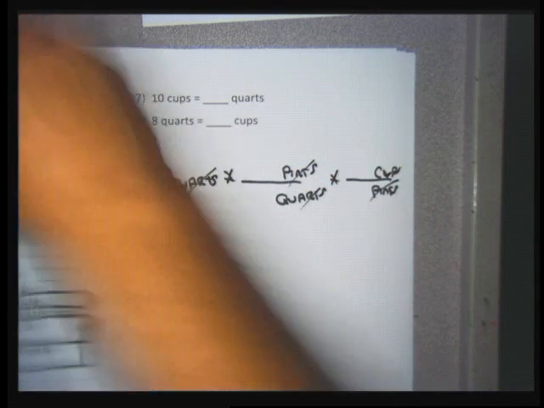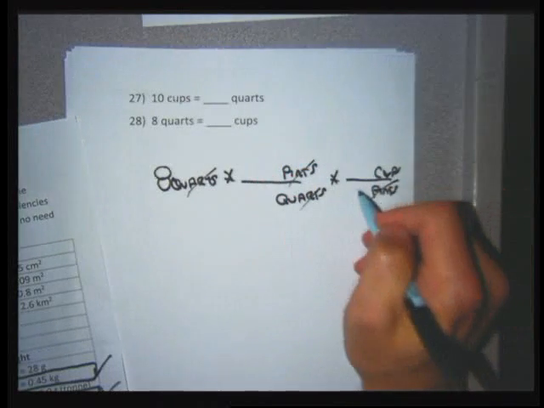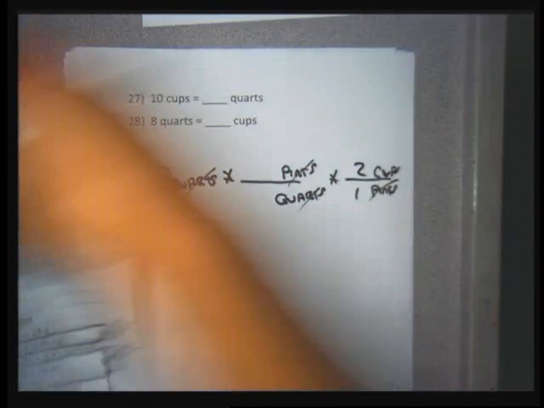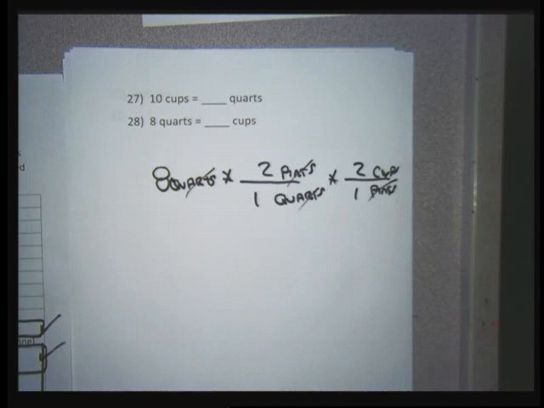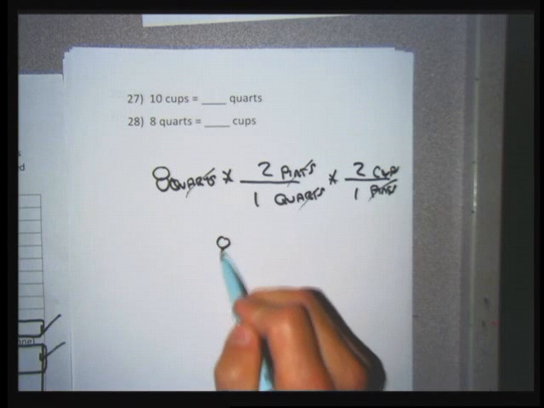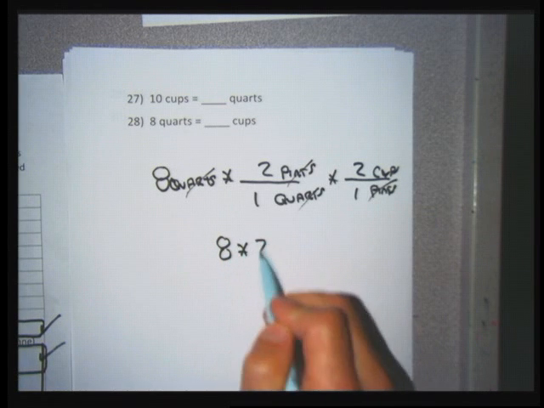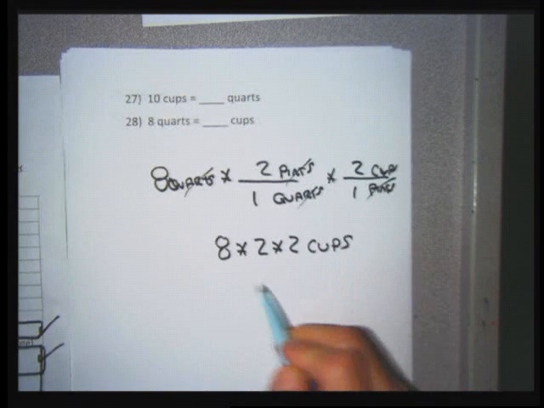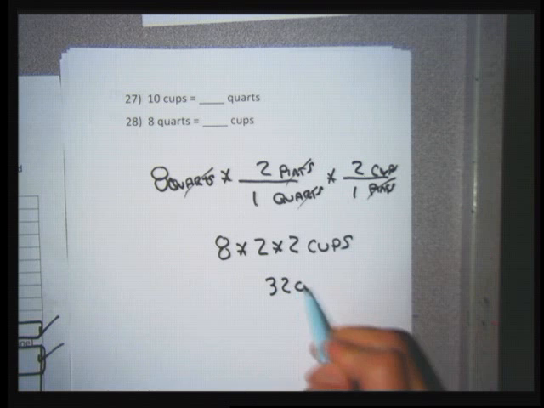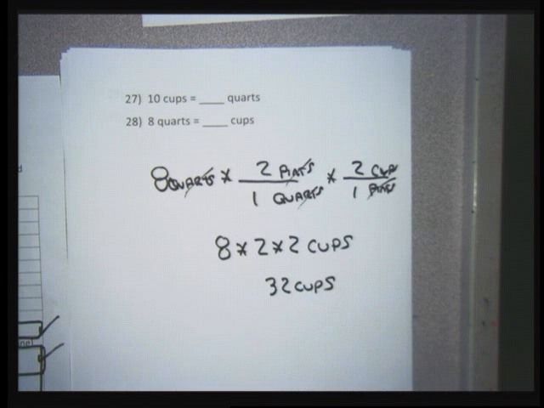And now 1 pint is 2 cups. And 1 quart is 2 pints. This is a really nice problem because the denominators are just 1. So algebraically, this is just 8 times 2 times 2 cups. I don't need to show the ones. I'm going to get 32 cups for an answer to problem 28.